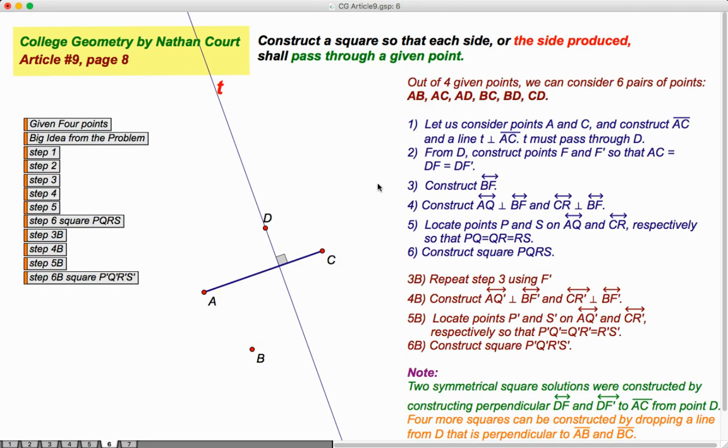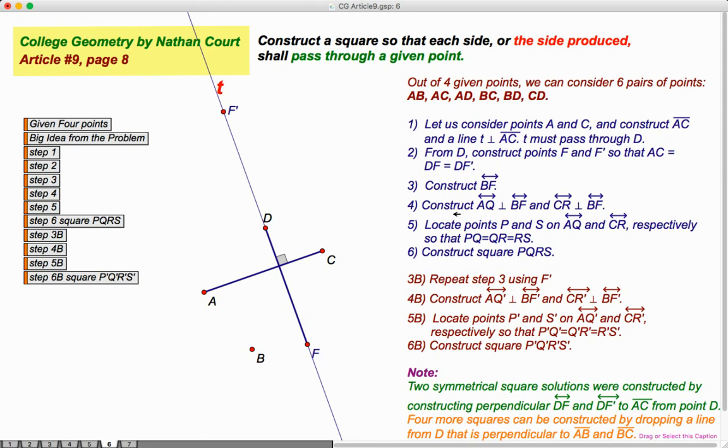So I am now in step 2. I would like to construct F prime and point F. I constructed it so that DF is congruent to AC and also DF prime is congruent to AC. Well, from there, I think I can now construct a square.